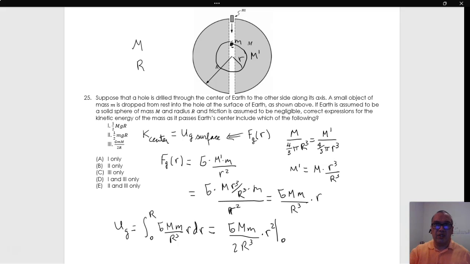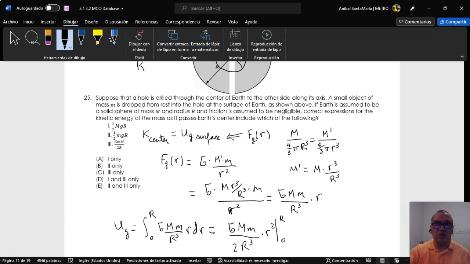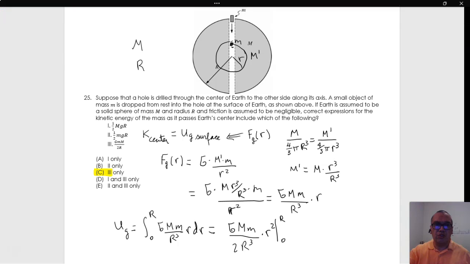When you evaluate the integral, you get option 3. And since the force is conservative, we know that all potential energy converts into kinetic energy, so that is your correct answer, option C.